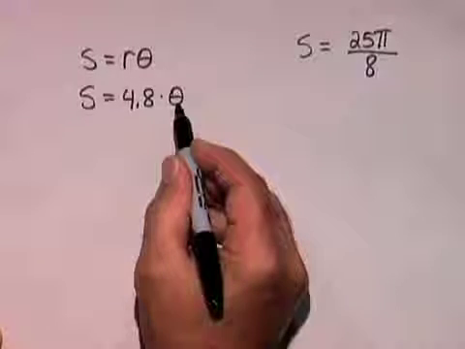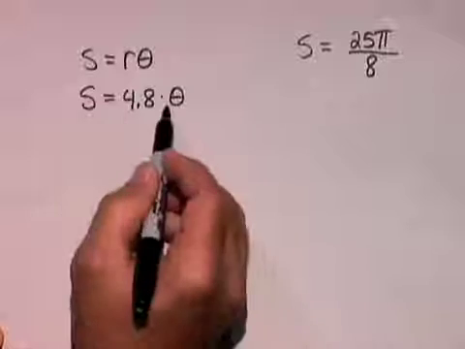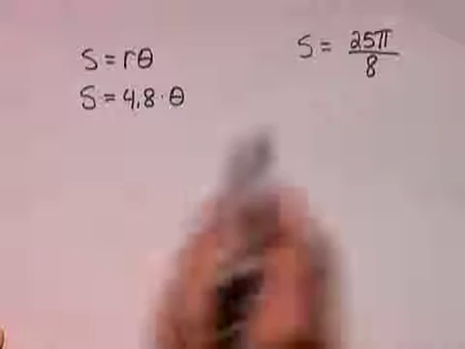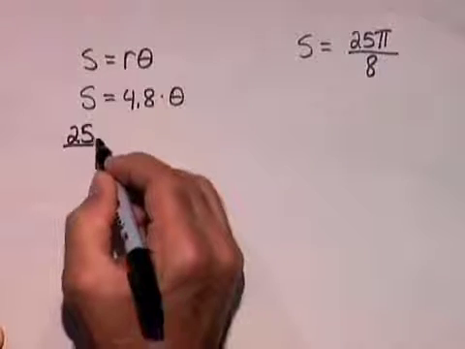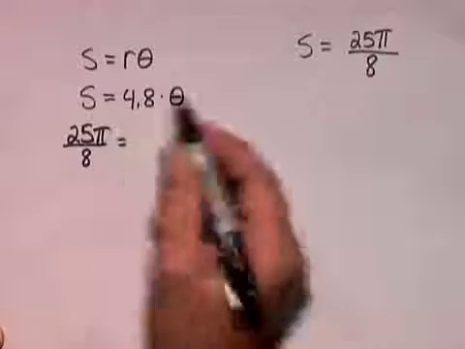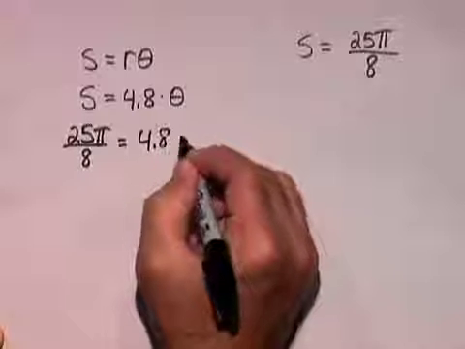And this theta is what we want to find. Remember, I said that the arc length of the larger gear has to equal the arc length of the smaller gear, and therefore we substitute 25 pi over 8 in for S. So 25 pi over 8 is equal to 4.8 theta.